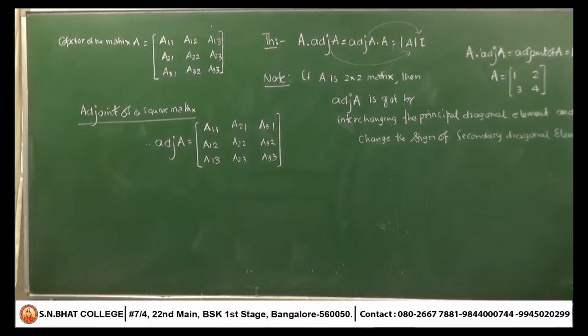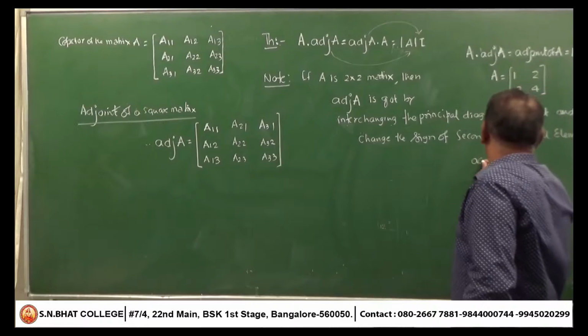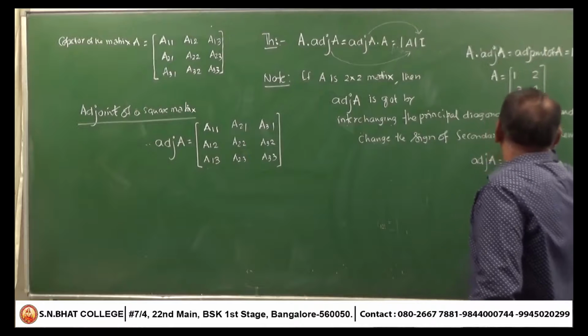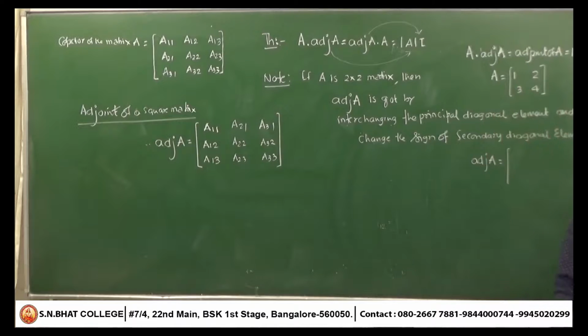Now you come to this problem. I have to calculate adjoint of A. Listen carefully here. For a 2 cross 2 matrix, we can directly get the adjoint of A. But for a 3 cross 3 matrix, you have to find the cofactors of each element, write the cofactor matrix of A, then write the adjoint.